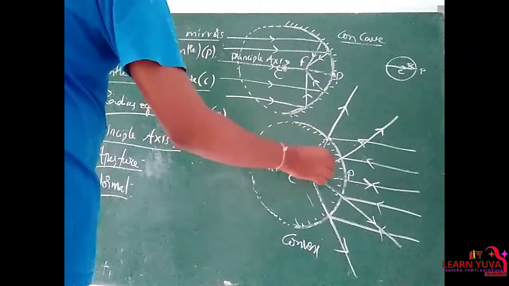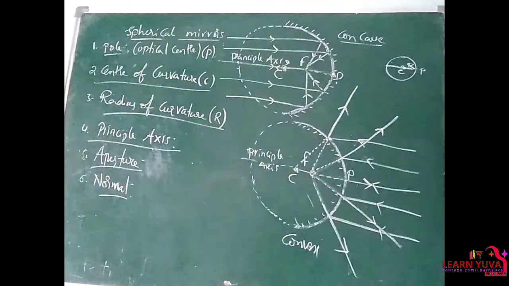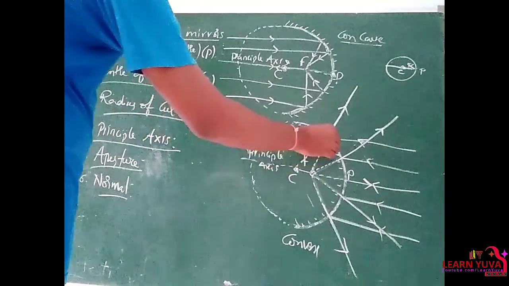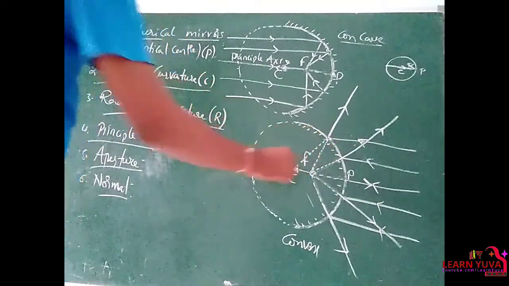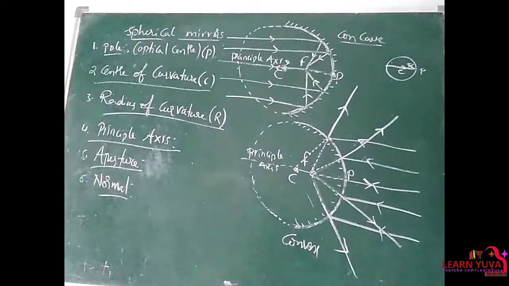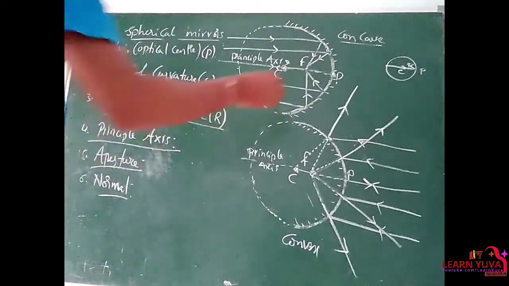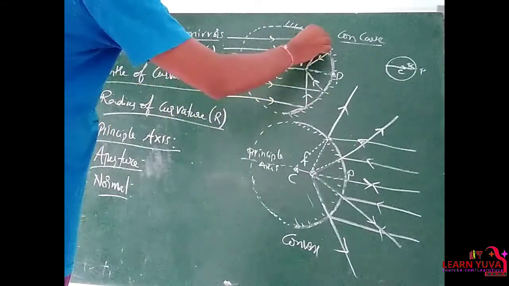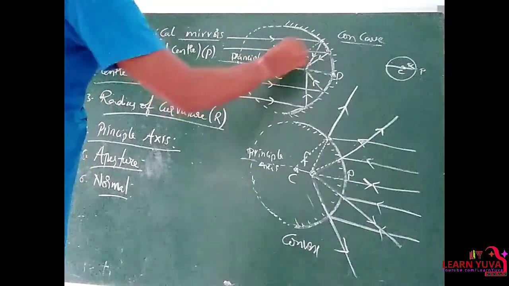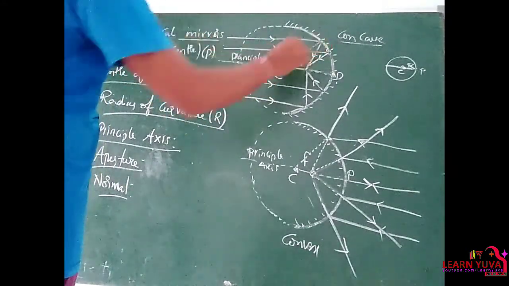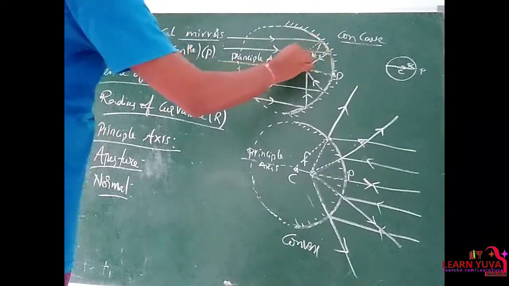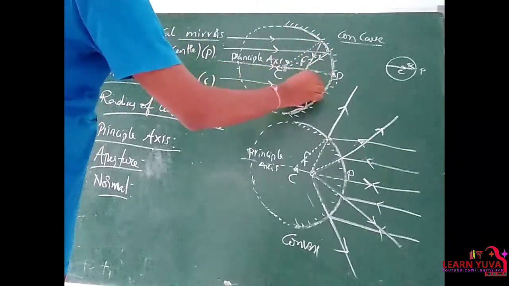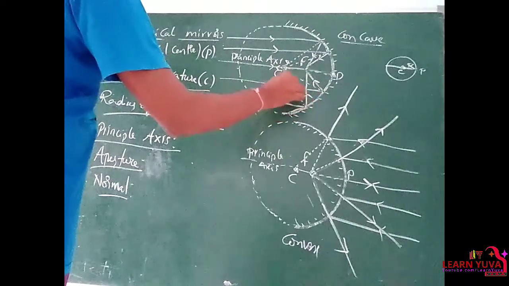Here is the point of incidence in the case of the concave mirror, and here in the case of the convex mirror. If you extend the line from the point of incidence to the center of curvature, it is nothing but the normal line.